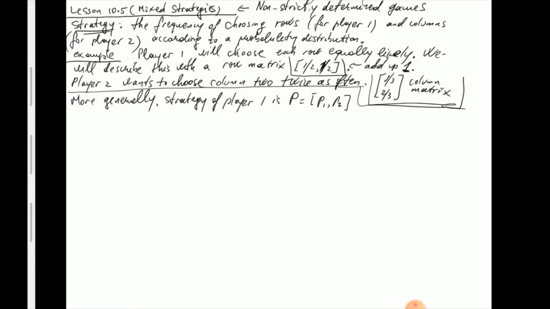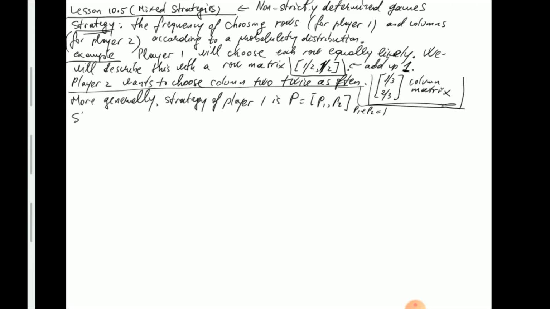These are the probabilities of choosing row 1 and row 2. And also it will be in agreement with the formula sheet. That's why I'm using this notation. So again, remember p1 plus p2 must be equal to 1, because these are probabilities that add up to 1.